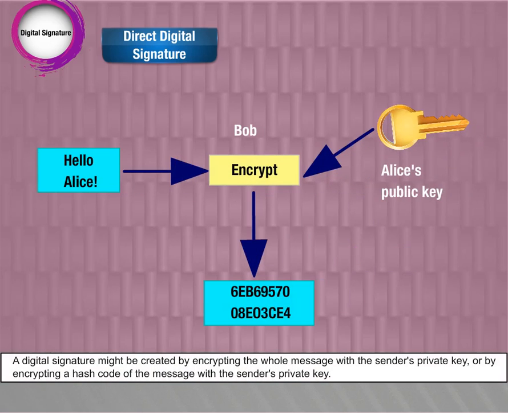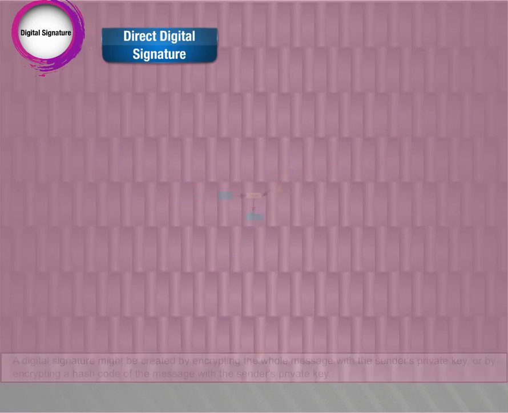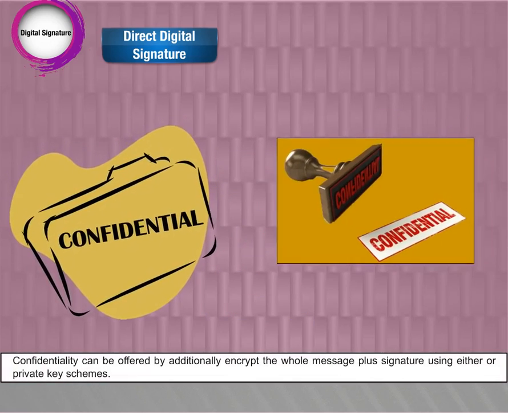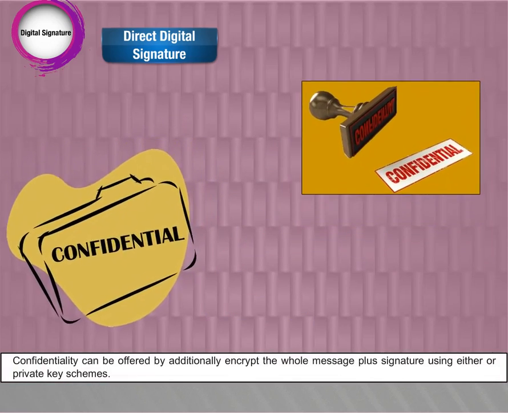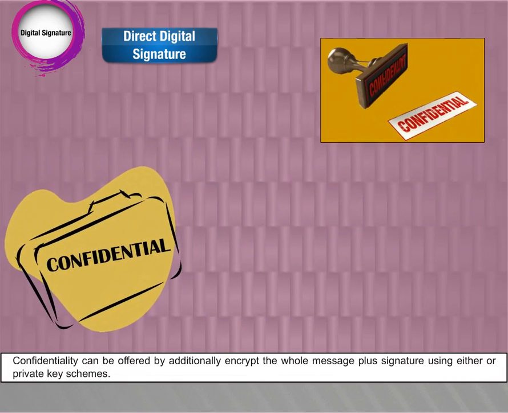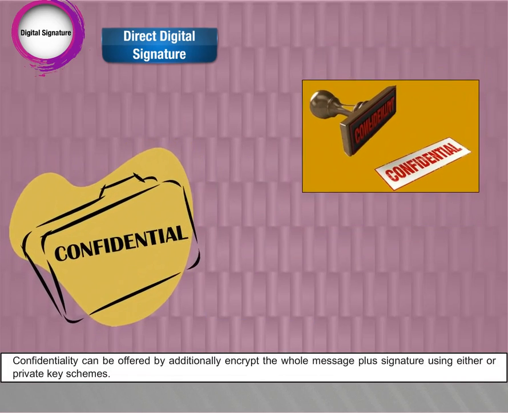A digital signature might be created by encrypting the whole message with the sender's private key or by encrypting a hash code of the message with the sender's private key. Confidentiality can be offered by additionally encrypting the whole message plus signature using either public or private key schemes.